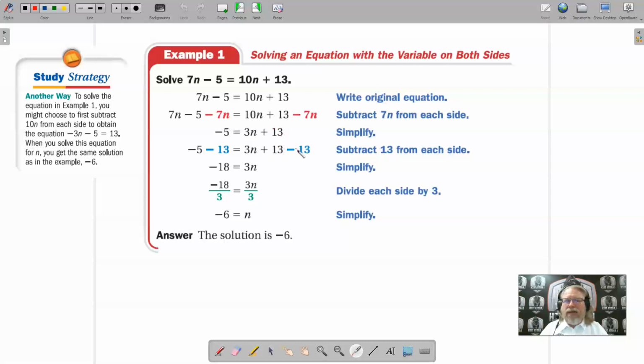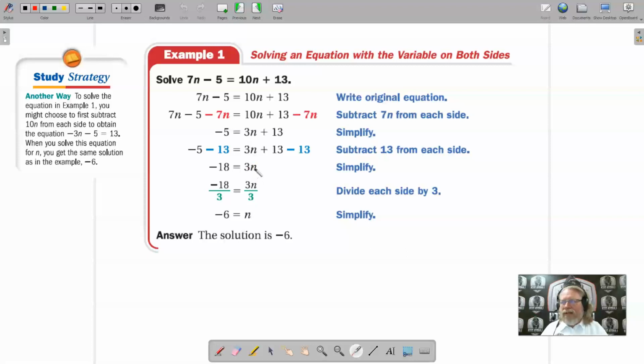Now the positive 13 and the negative 13 is going to have a net value of 0, leaving us with just 3n. But if we're going to add -13 over here, we also have to add -13 over here. So we have -5 minus 13, which is the same as -5 plus a -13. So it's going to get even more negative, become -18, bringing down our 3n.